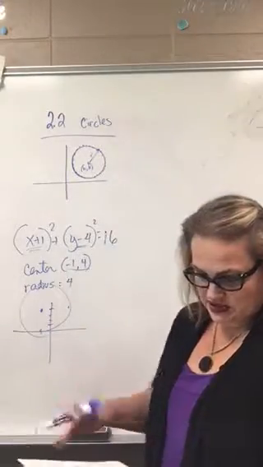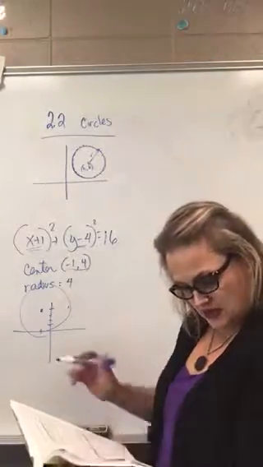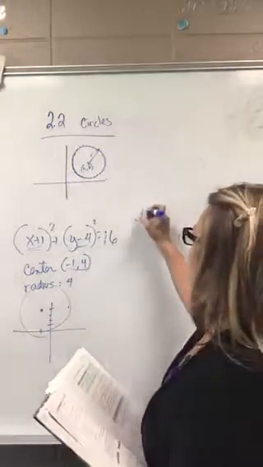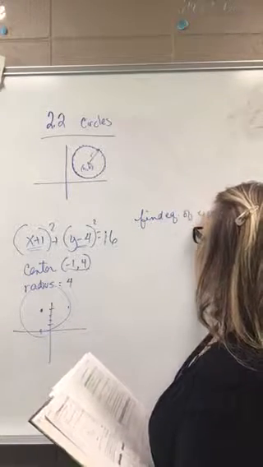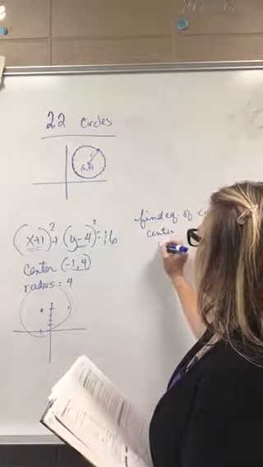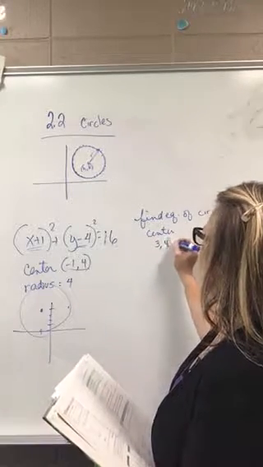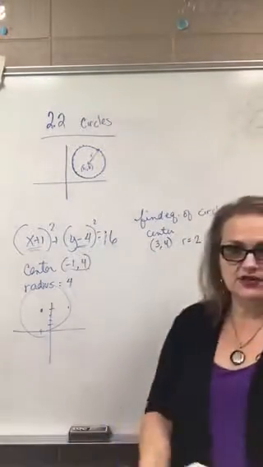You can also do it the opposite way. It'll say maybe find the equation of the circle with the center at say 3 and 4 and a radius of 2. Say it said to go the other way.